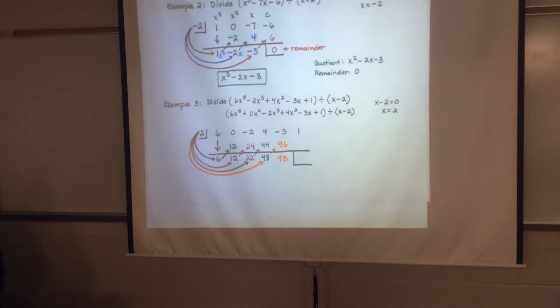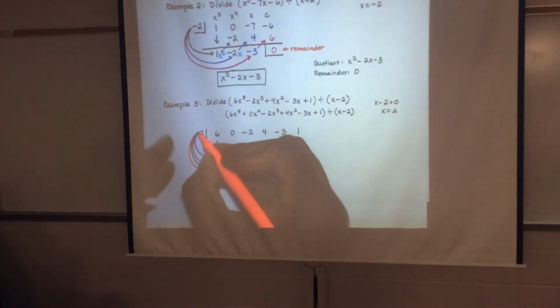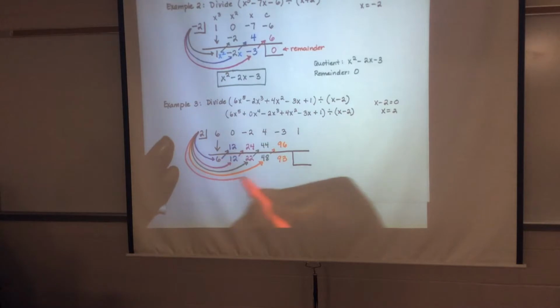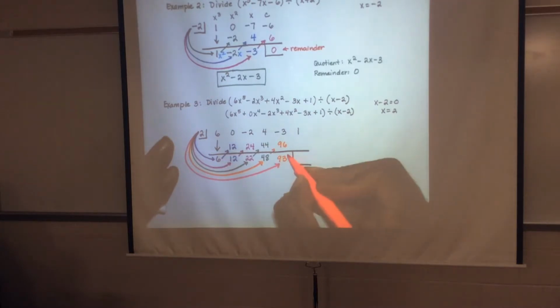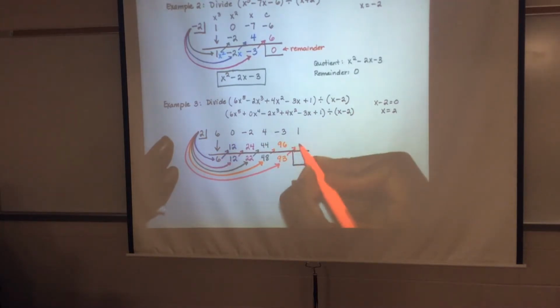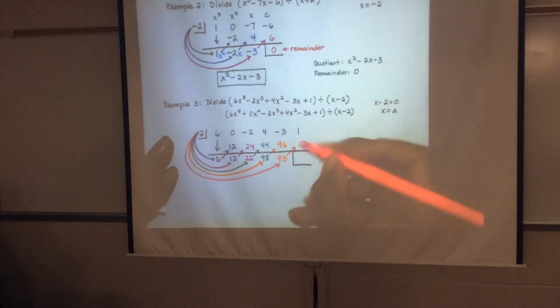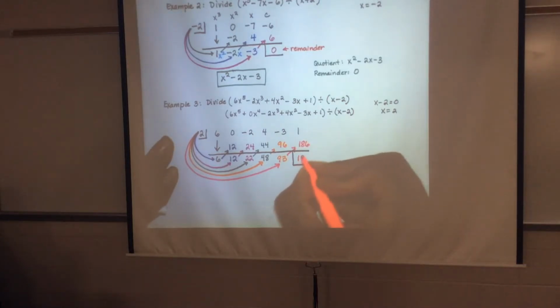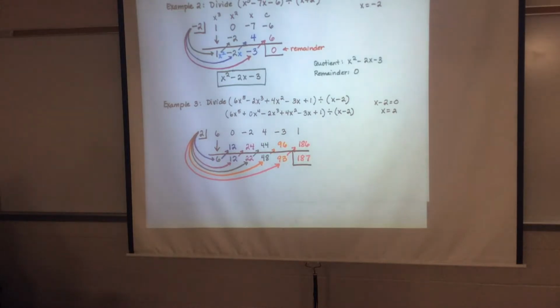And then finally, we're going to multiply this 2, the divisor, times that 93. That would give me the next number. 2 times 93 is 186. Add 1 to the 186, you're going to get 187. So this division process is finally complete.